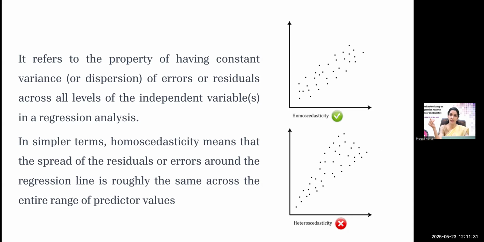Like in the case of Levene's test of equality of variance, we used to say that if the p-value is more than 0.05, then the homogeneity of variance assumption is met. Remember how we used to test the homogeneity of variance? Can you recall the homogeneity of variance concept in the independent sample t-test and the ANOVA?